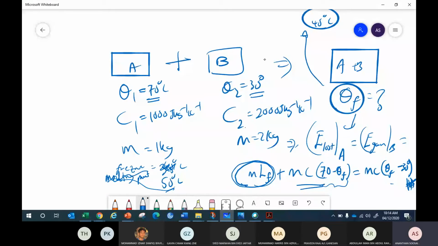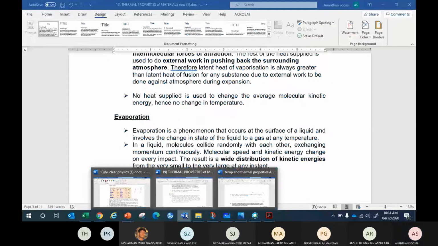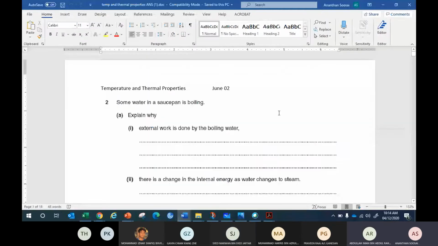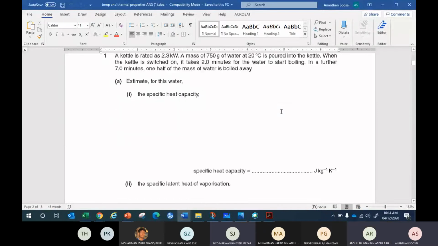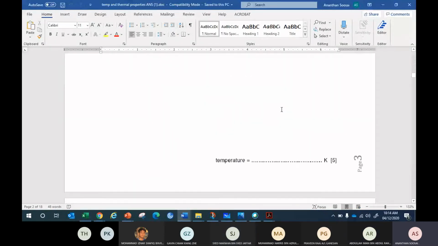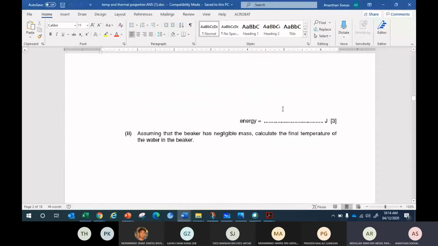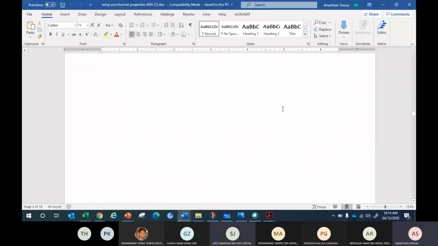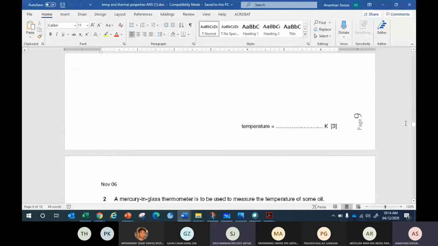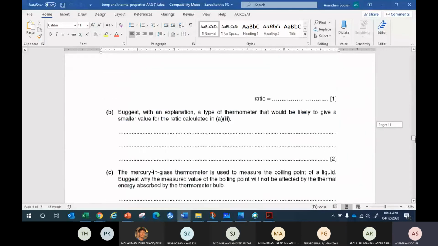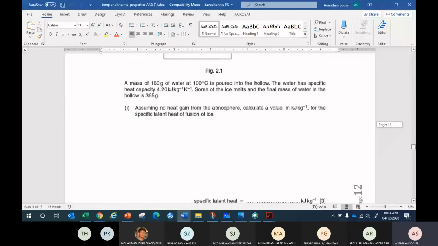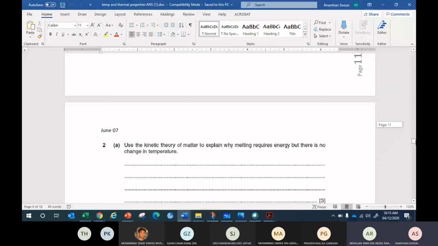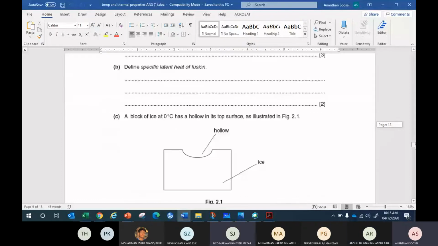I'm going to show you one question. When two bodies are in thermal contact, find the final temperature. This is the June 07 question 2. We go straight to part C. Two minutes for you.